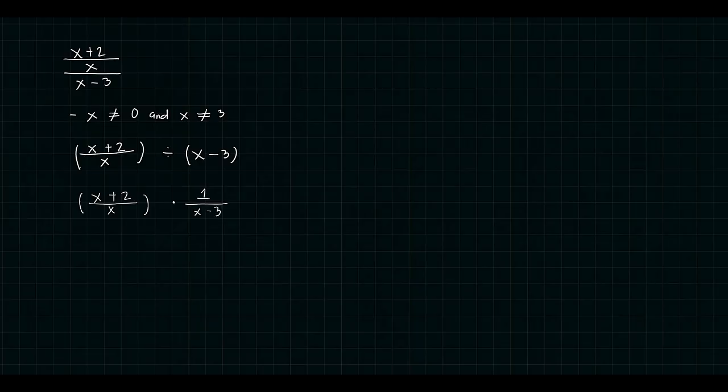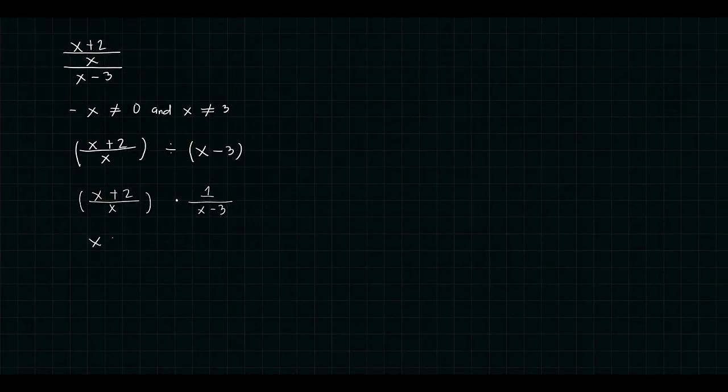Now, we multiply the fractions. We multiply the numerators together and we multiply the denominators together. The result is (x plus 2) over x times the quantity (x minus 3). Next, we check for any common factors. The numerator is x plus 2 and the denominator is x multiplied by (x minus 3).